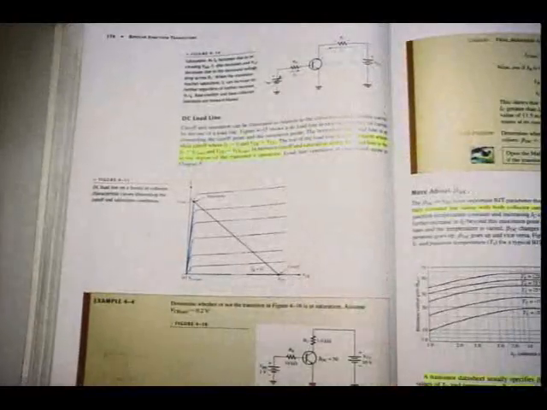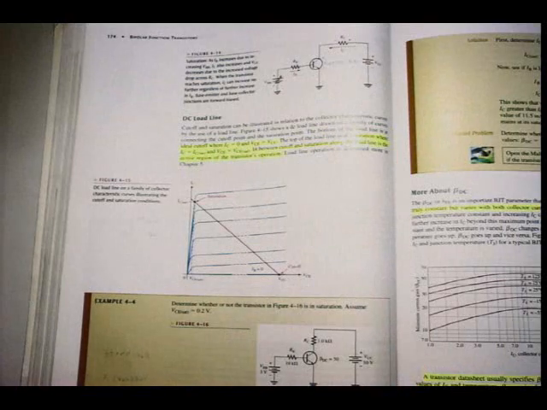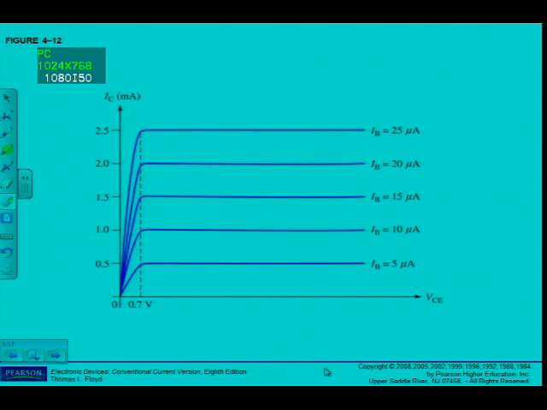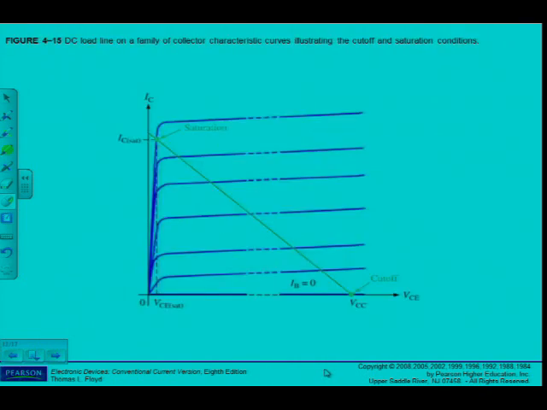Alright, then the DC load line. Now we've established, let's just go to our board here again. Here's the family of curves. There it is. Remember now we've applied different IBs. Remember these are all different IBs.